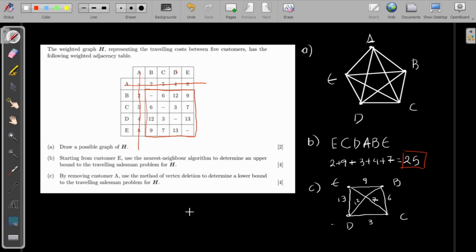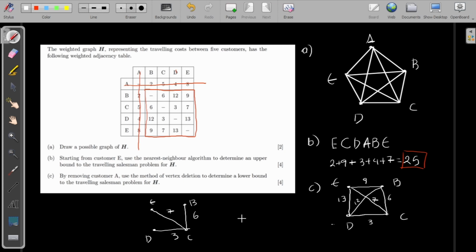So which is the smallest value here? DC, which is 3. Next is CB, which is 6. And the next one is C to E, which is 7. Now you see I visited all the vertices. I didn't make any cycles, and that's the minimum spanning tree.